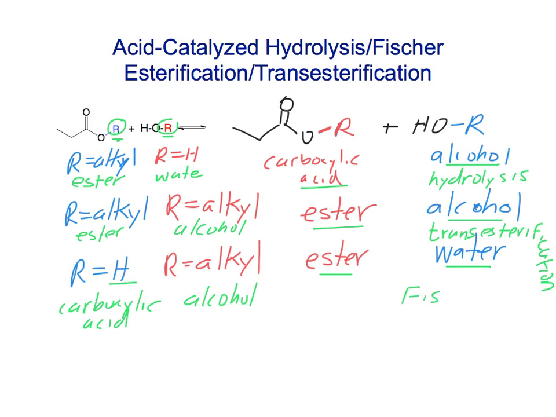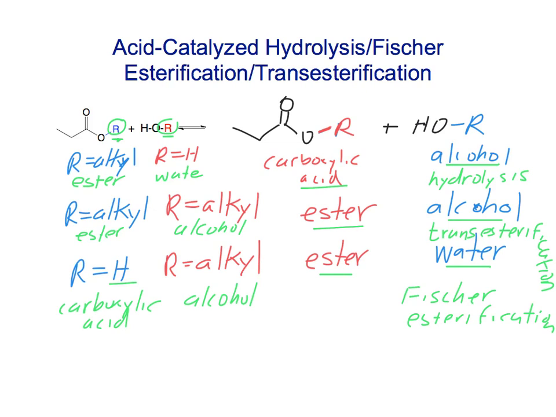This is called the Fischer esterification. All three of these reactions have exactly the same mechanism. The only difference is whether those R groups are alkyl groups or H's. Everything else is the same.